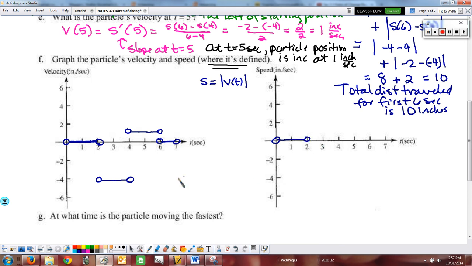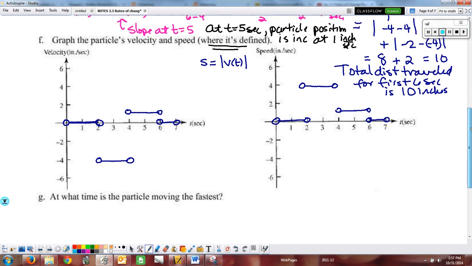From 2 to 4, instead of being -4, it's now going to be up here at 4, because while I was heading in the left direction, which is what the negative is telling me, my speed, my magnitude, is 4 inches per second. And then from 4 to 6, nothing changes. It'll stay at the 1, and then again here at 0. So again, that's just showing you the relationship between the velocity graph and the speed graph.